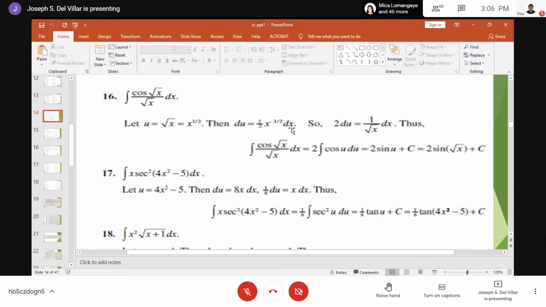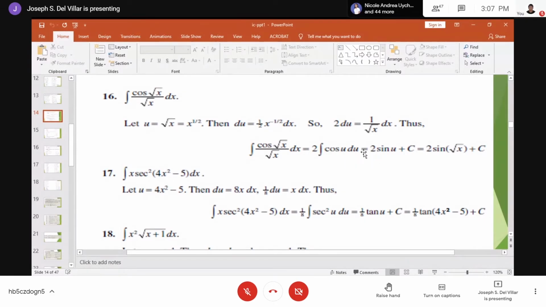So the 1/2 is missing. Introduce the 1/2 here and then multiply by 2 behind the integral, because we introduce 1/2, and the reciprocal of 1/2 is 2. So we have 2 times the integral of cosine of u du.